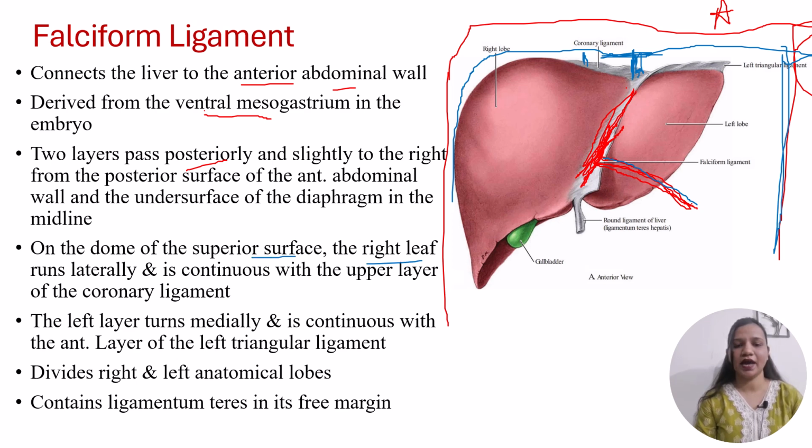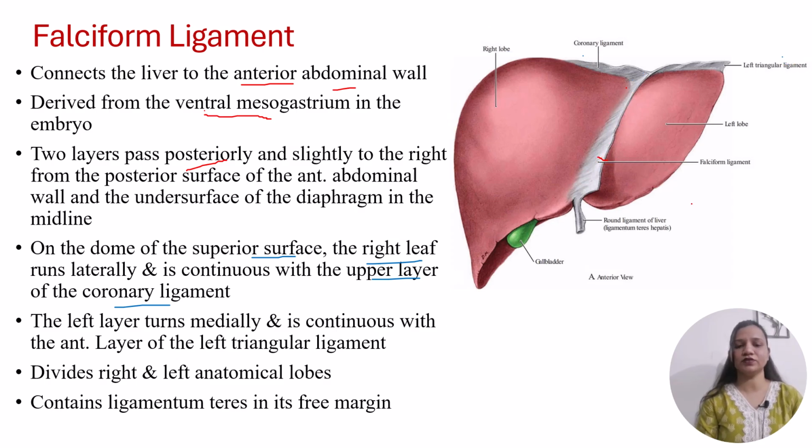runs laterally and is continuous with the upper layer of the coronary ligament. So what does this statement say? On the dome of the superior surface of the liver, the right leaf runs laterally.